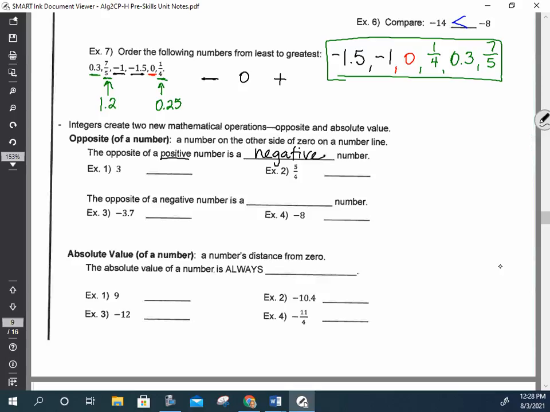So if you have 3, the opposite would be equal to negative 3. 5/4, positive 5/4, the opposite would be negative 5/4. So notice that for a fraction, I did not make the top and the bottom negative, I only made one part negative. You only need one part of it to be negative.